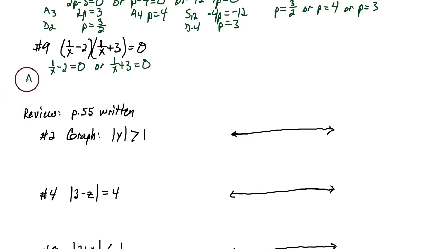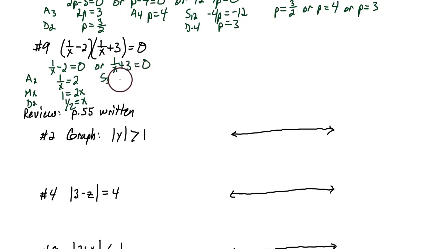For the first one, let's add 2 to both sides. And we get 1/x equals 2. Then multiply by the x. We get 1 equals 2 times x. Then divide by the 2, and we get 1/2 is equal to x. Now the second piece.